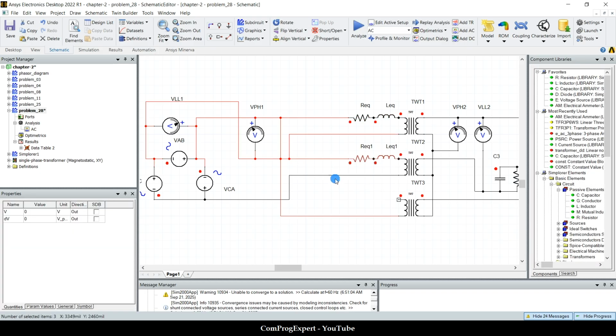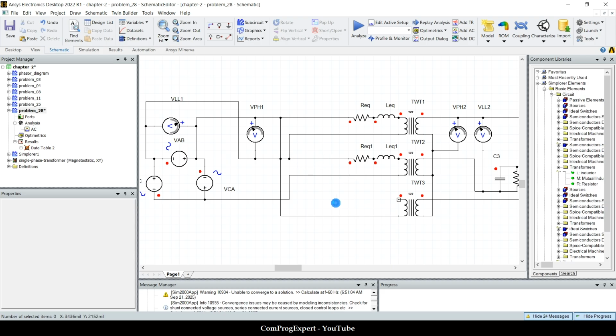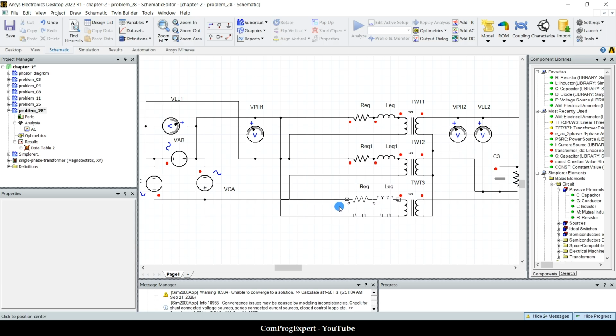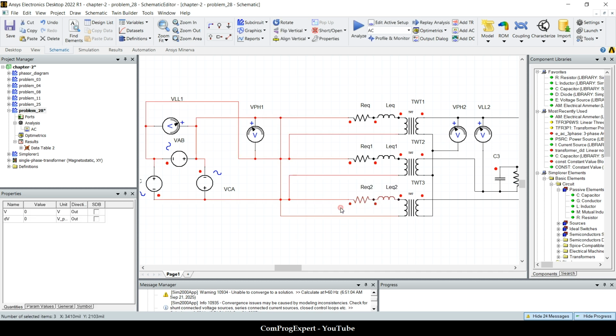So we can consider these connections. Let me check that this is correct. And finally, we have this one. This is the voltage. We don't have these connections.